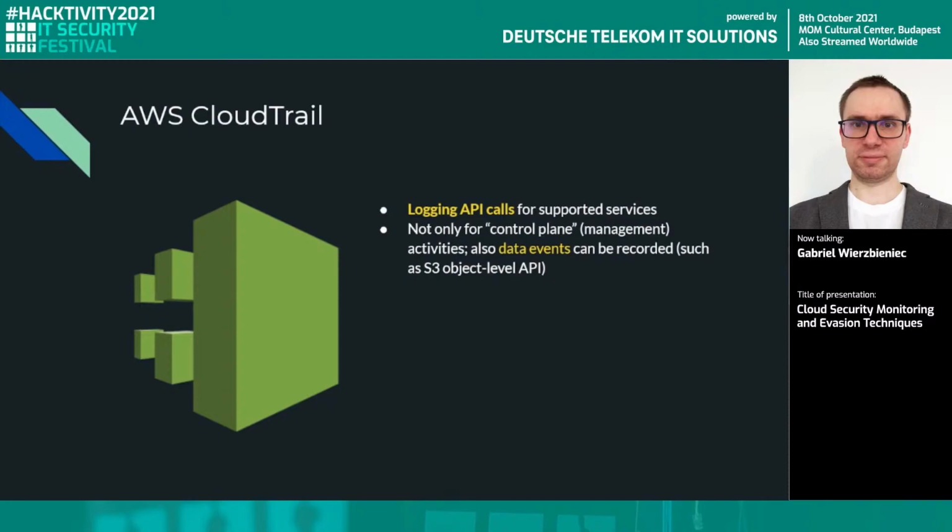Things like accessing a table from DynamoDB, that kind of granularity. It's enabled by default and contains 90 days of event history. But you can send logs to an S3 bucket, and while there you can set your own retention policies.